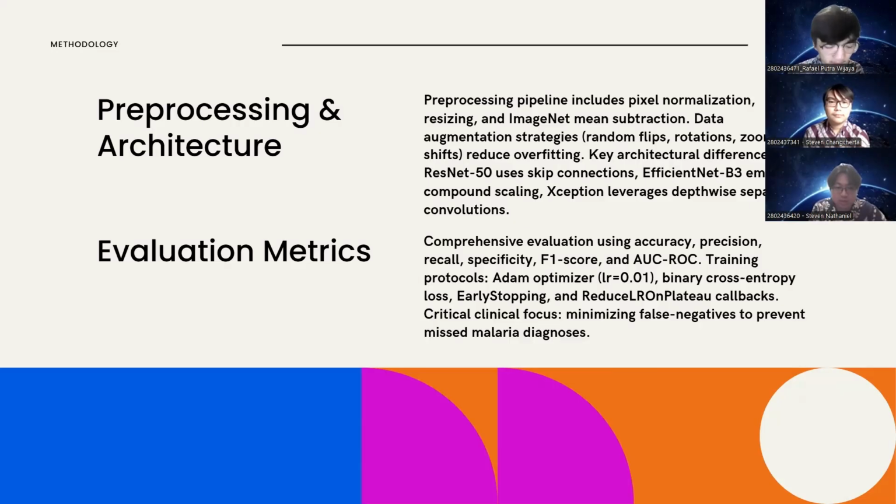For evaluation, we use a comprehensive set of metrics like accuracy, precision, recall, specificity, F1 score, and AUC ROC. But our most critical clinical focus was minimizing false negatives because a missed malaria diagnosis can be life-threatening. With the methodology covered, I'll pass it to our friend to present our results and recommendations.